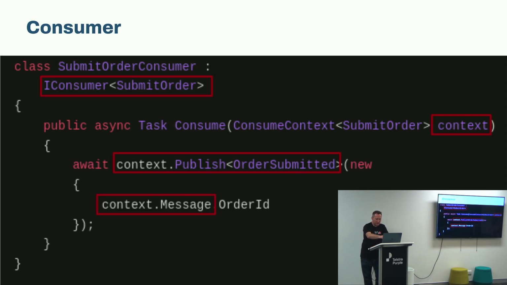It comes in with the consume context, and you can then handle that message. You can also use the context to fire more messages. So we've got a submit order message coming in. We're going to do some work in here, but when we're finished, we're going to raise an event saying order submitted.